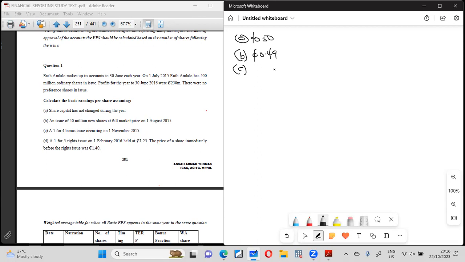Anyone? Augustine. I got 0.46. 0.4. 0.40. All right, so Nibata says he has 0.40 for C. What about D? I'm on it. All right, so it means you have to work on your timing too. You have to be fast.